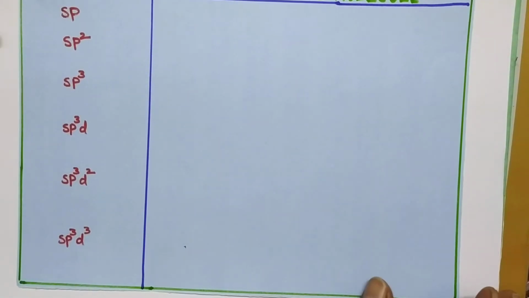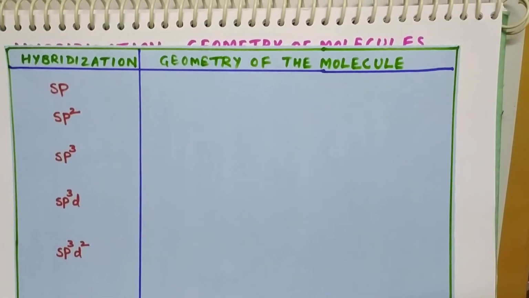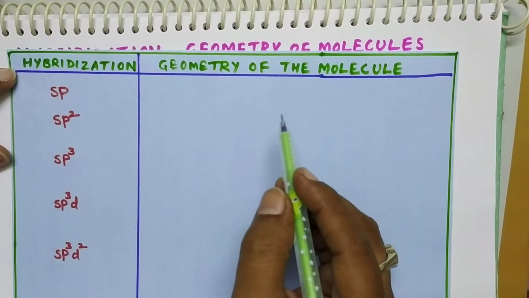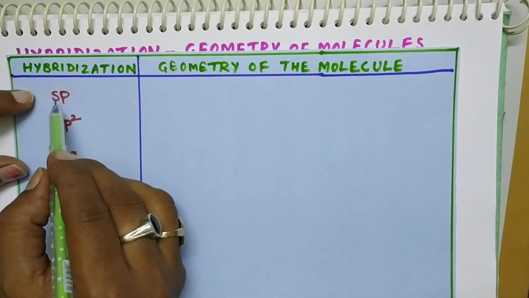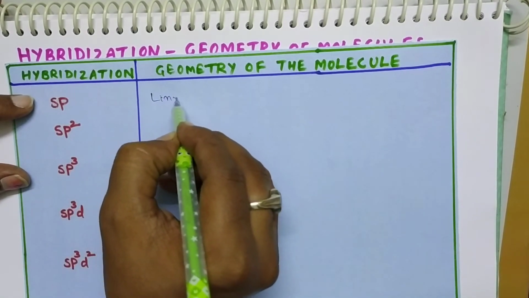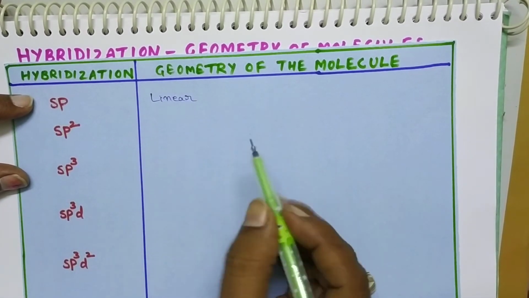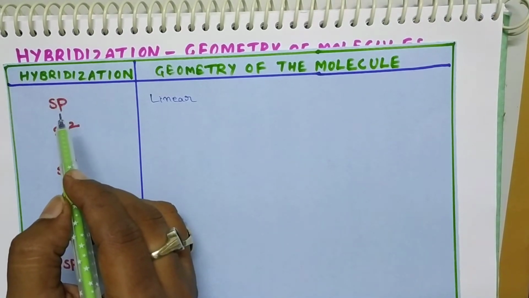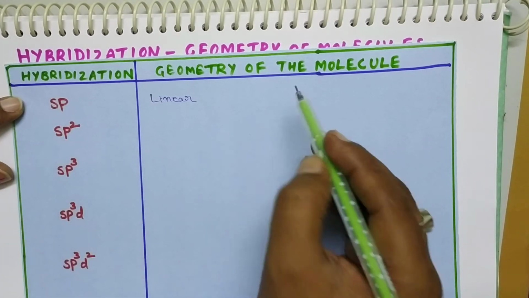Now let us take the geometries of the molecules. For different hybridizations, they will have different geometries. If the molecule undergoes sp hybridization, then the geometry will be linear. sp hybridization means there are 2 hybrid orbitals, and those 2 hybrid orbitals will occupy 2 corners.